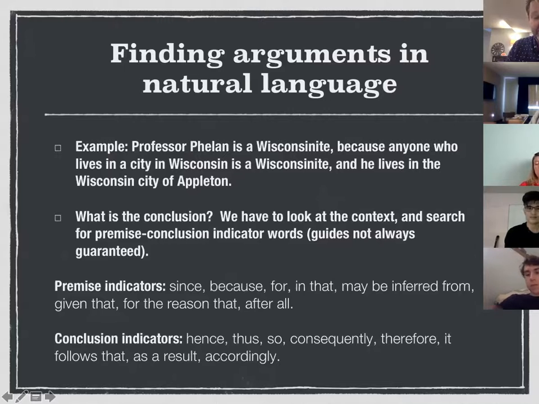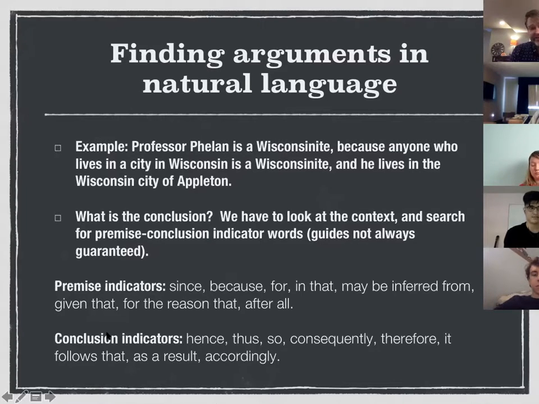Now, conclusion indicators, on the other hand, would include words like hence, thus, so, consequently, therefore, it follows that, as a result, accordingly, or it is a consequence, at the most obvious way. Okay? So these words are all words that help indicate premises and conclusions.